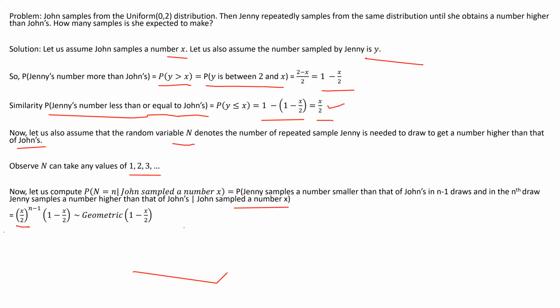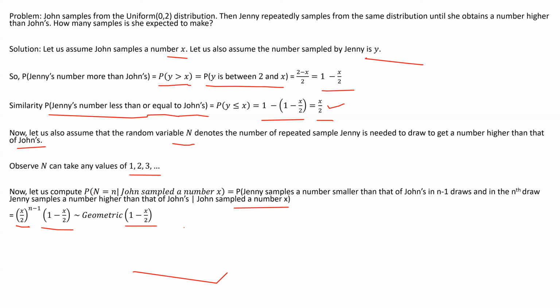So in n minus 1 trials she chooses the smaller number, with probability (x by 2) to the power n minus 1. And then in the nth trial, she chooses a number larger than John's, with probability 1 minus x by 2. If you look carefully, this is a geometric distribution with success probability 1 minus x by 2.